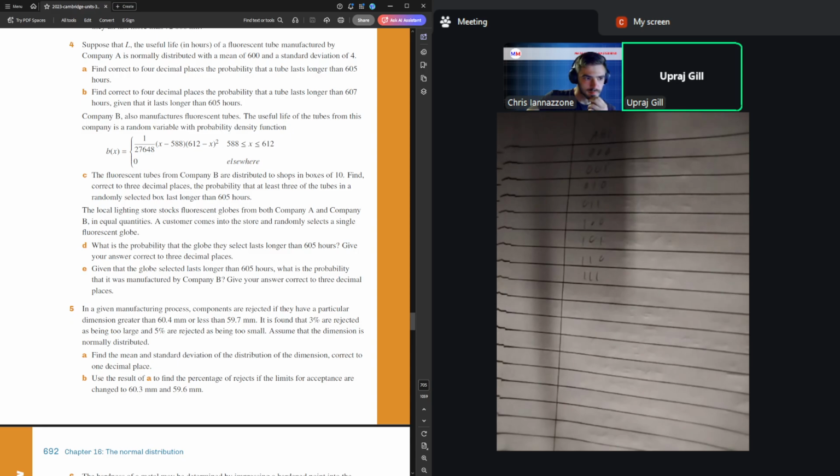I just plugged in some of the numbers that we got from before, one being the probability of it just lasting more than 605 hours overall. Well, that would have been the denominator, the probability of lasting over 605. And the numerator, I think I put as 0.07. Yeah, that's what I thought you might have done.